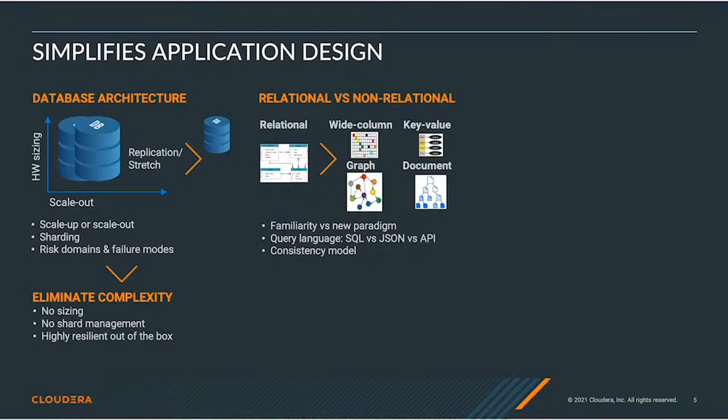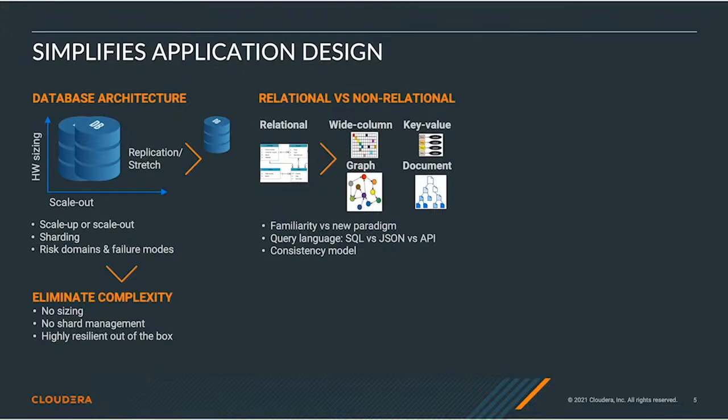Some of the big ones include wide column, key value, document, and graph. With these different modes come different interface languages. Does the application developer on your team want to use SQL, a SQL variant, JSON, or an API? And these can vary across each of these different databases.